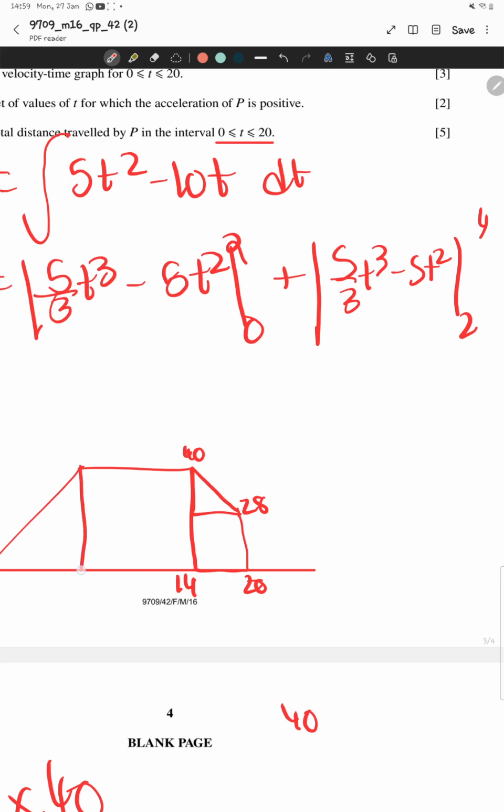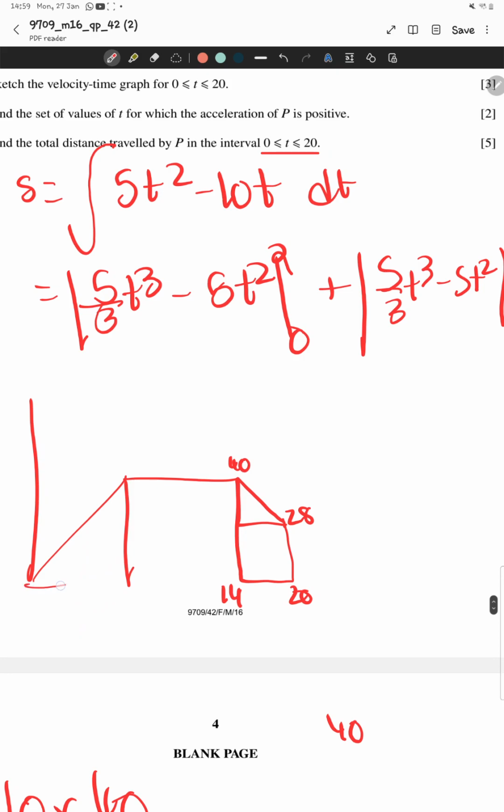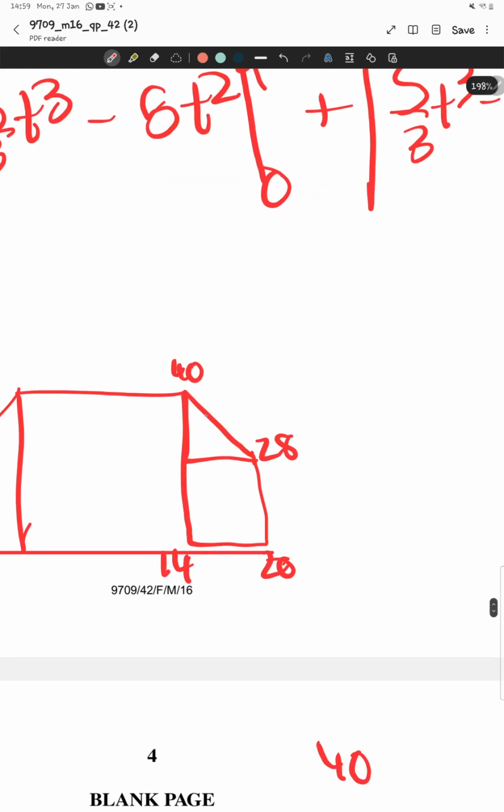If I were to do the area of this triangle, I'm doing it from here all the way to here. So if I want the area from 14 to 20 seconds, I would have to go from here all the way down here.